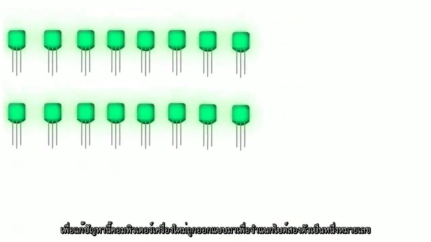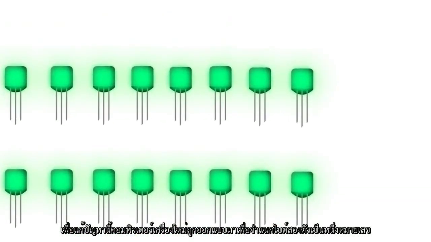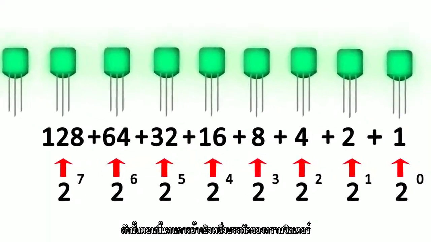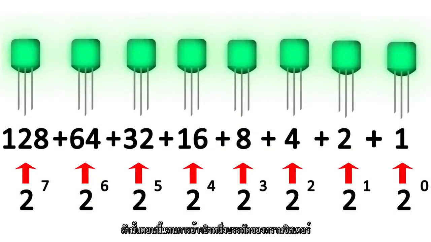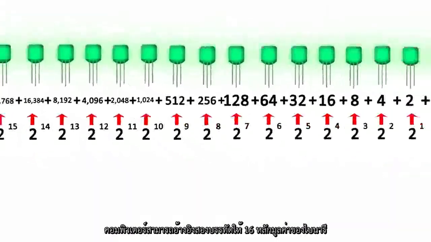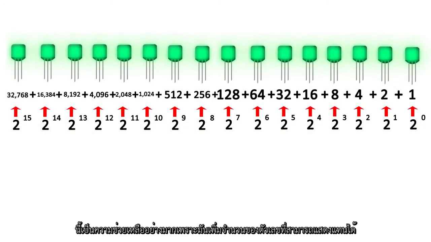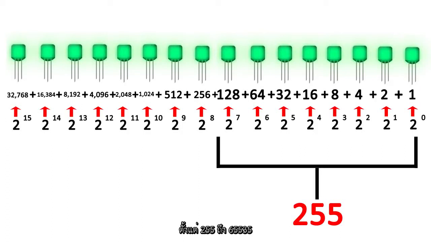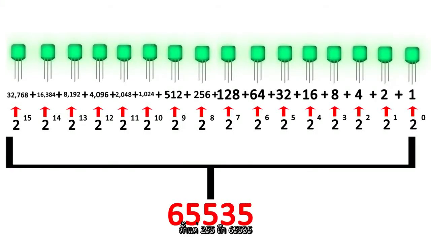To solve this problem, new computers were designed to recognize 2 bytes as one single number. So now instead of referencing one line of 8 transistors, computers could reference 2 lines, giving 16 digits worth of binary. This was a huge help because it increased the amount of representable numbers exponentially from 255 up to 65,535.